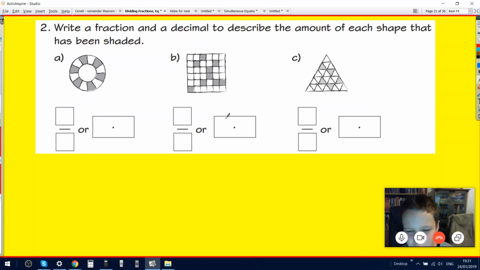Okay. So it'll be 5 over 25. And so you have to say what that is as a decimal. 0.2.